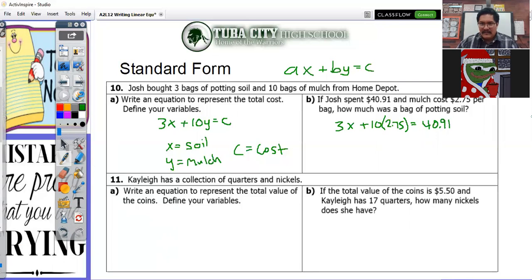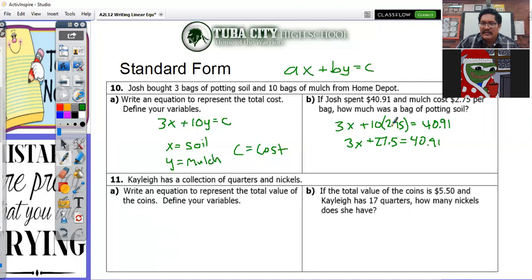Anyway, so let's go ahead and get that X by itself, because once we get that X by itself, we will know how much it was. Now, timesing something by 10 is super easy, especially if it's a decimal. You just move that decimal one place higher.